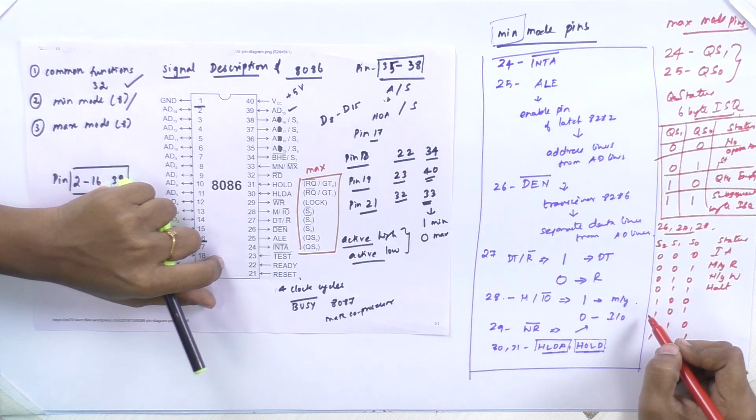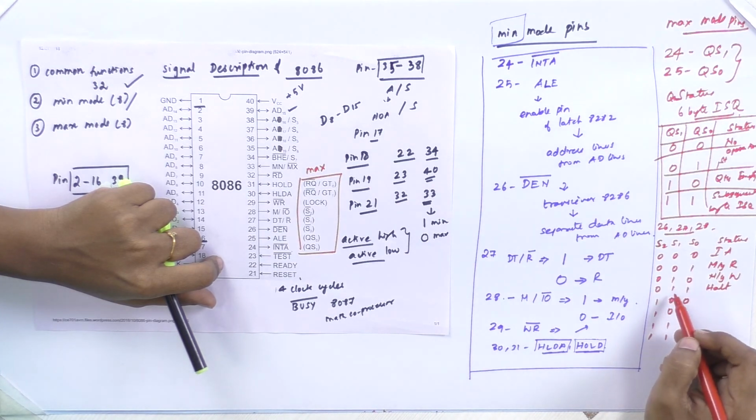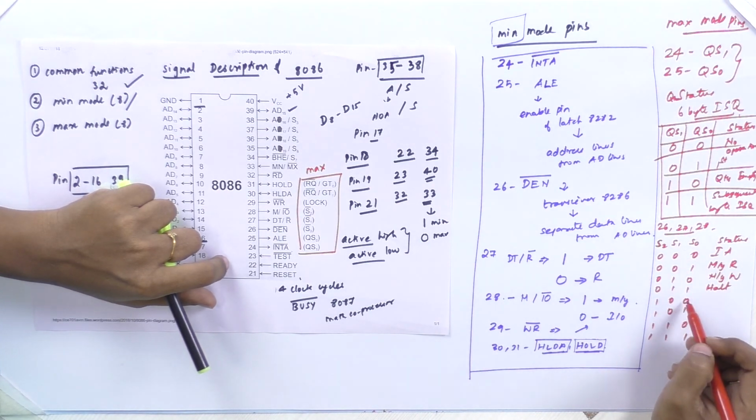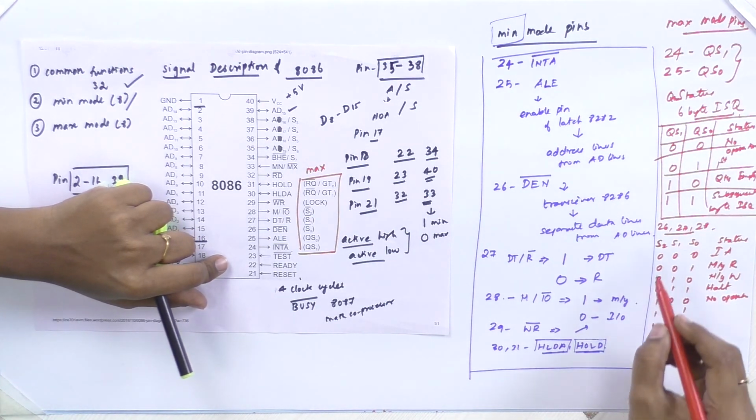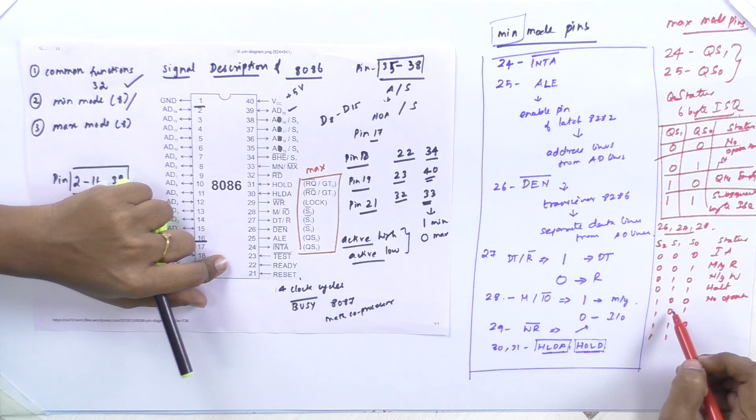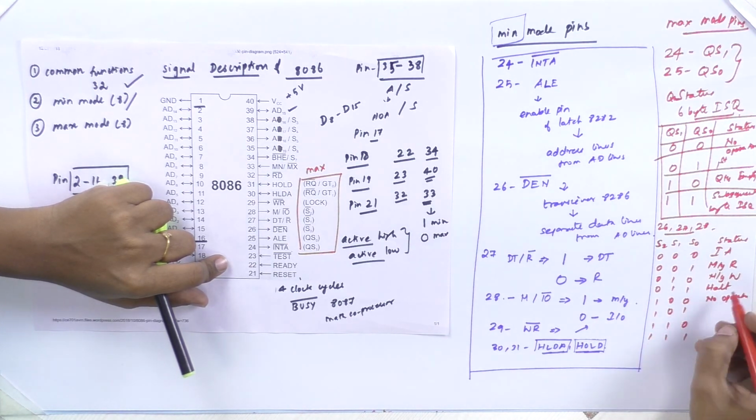Next, when S2 is 1, S1 is 0 and S0 is 0, then no operation. When S2 is 1, S1 is 0 and S0 is 1, then IO read is executed.